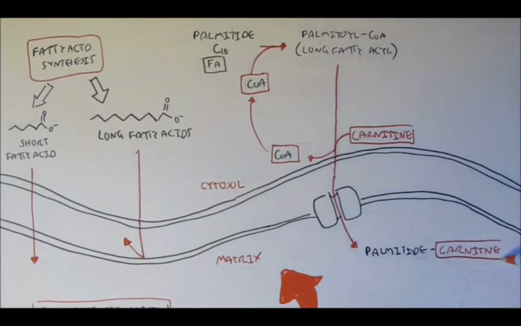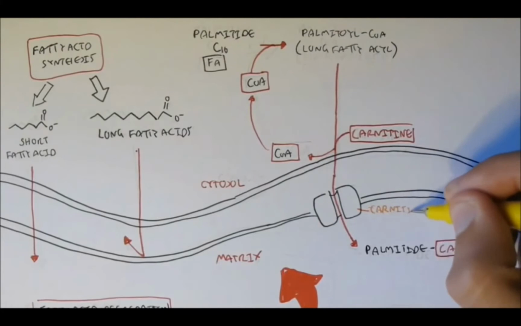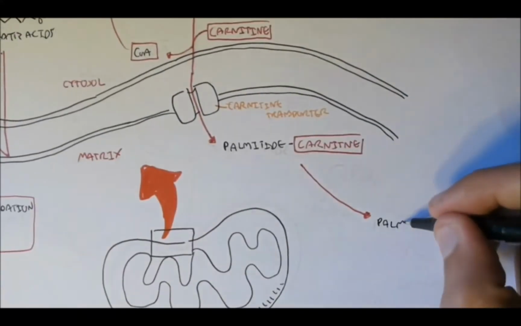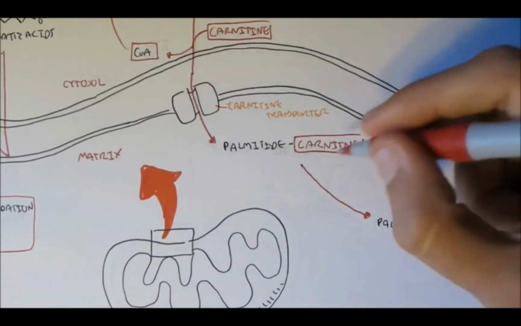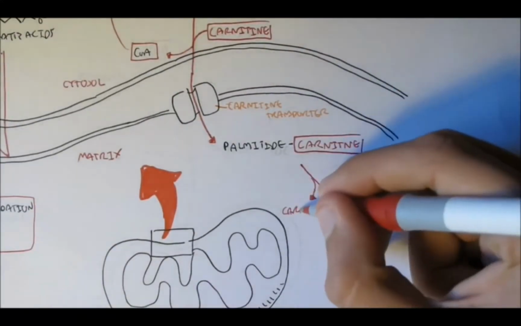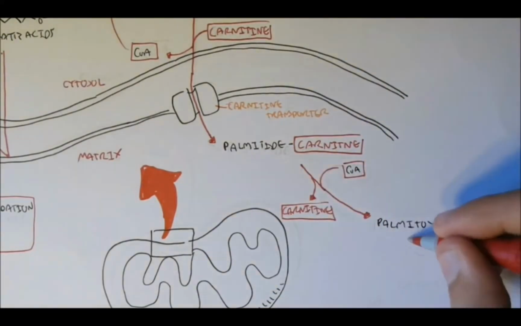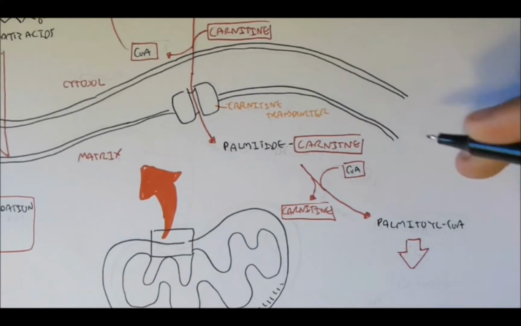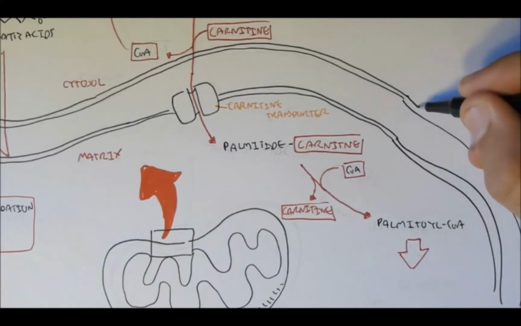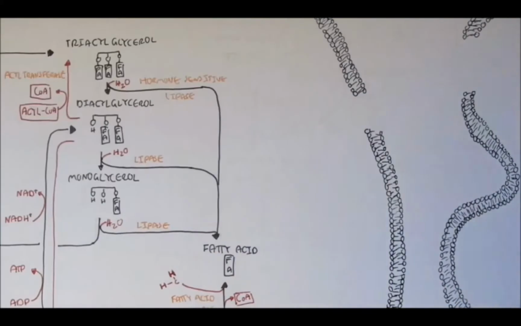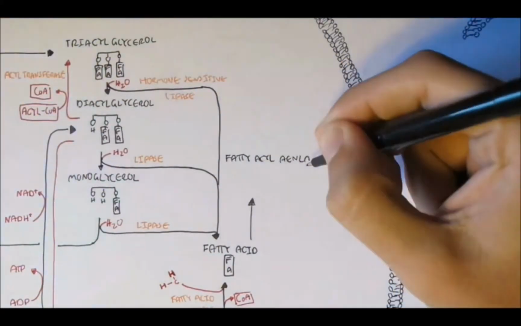So the palmitate carnitine molecule is in the mitochondrial matrix now. The palmitate carnitine then releases the carnitine, and a CoA group is added, forming palmitoyl-CoA again. This palmitoyl-CoA then continues on to fatty acid degradation, making acyl-CoA and making the fatty acid chain shorter. So fatty acids move to the mitochondria through this carnitine transporter.